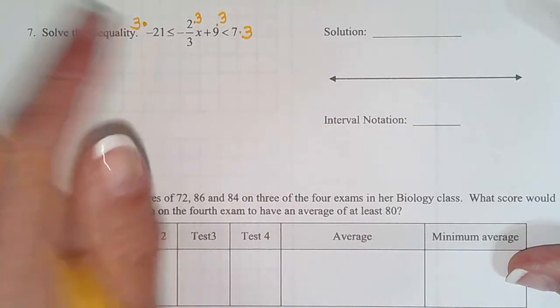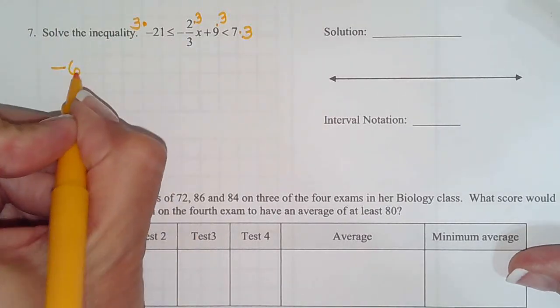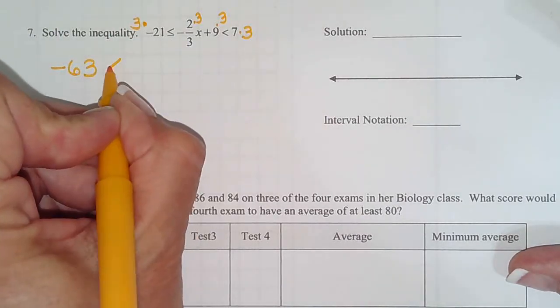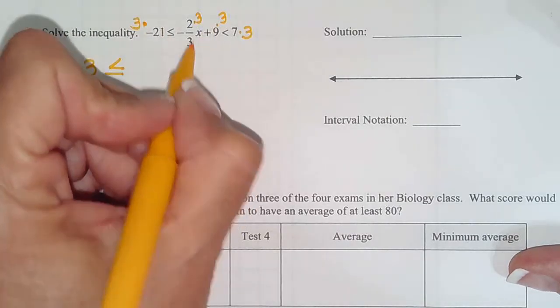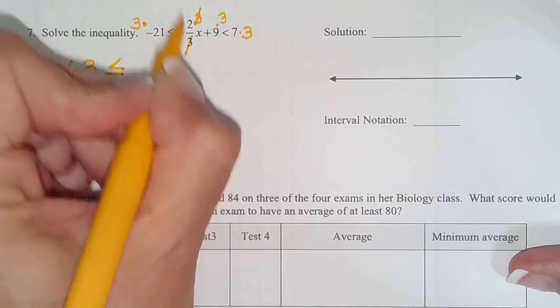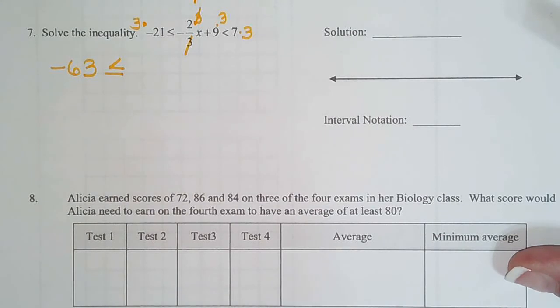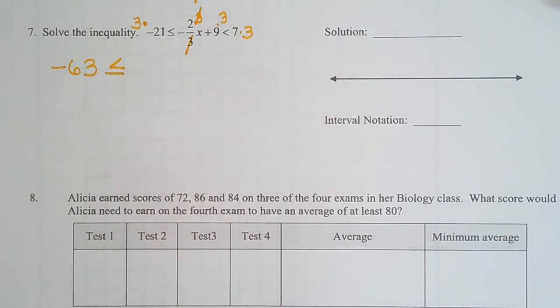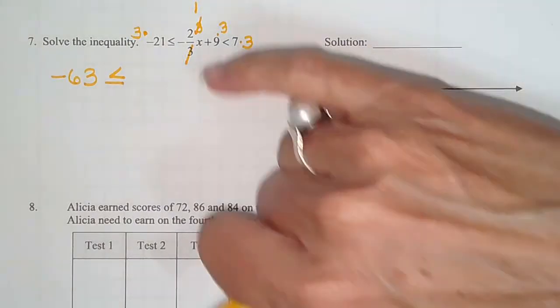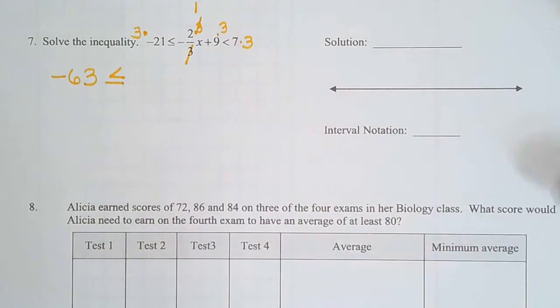So what do we have here? Negative 63 is less than or equal to, and see how the 3's cancel? Or you could have said negative 6 divided by 3 and got negative 2, but it's just easier if you notice that they're the same. 3 divided by 3 is just 1, so they just cancel.